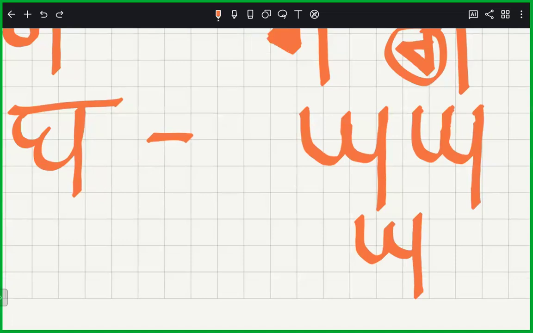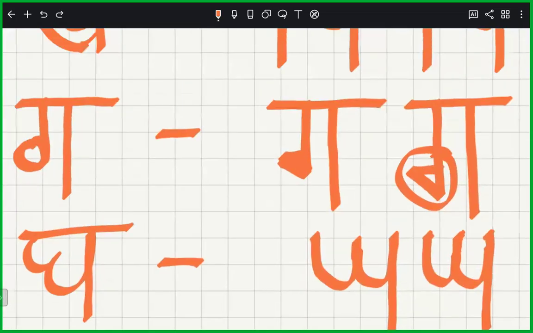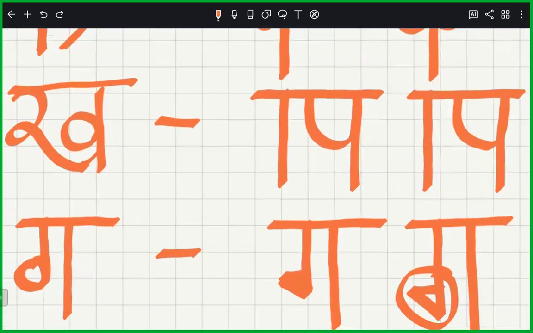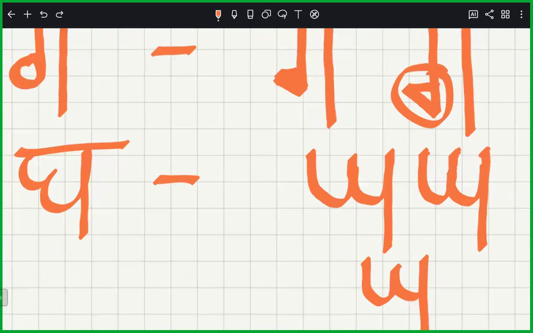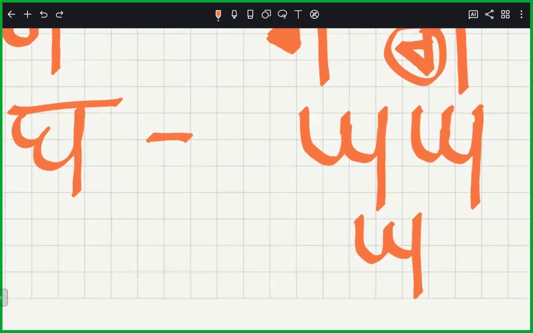So when we are learning these letters, make a note that this doesn't have a Shirorekha. The other ones up to now, we did all with the Shirorekha. But here Gha doesn't have a Shirorekha. So you'll come across such letters which don't have a Shirorekha, and based on that, they follow a particular rule when we write the conjuncts, when we write the Sanyukta Akshar. So these rules will come into place at that time. Okay, so this is Gha.